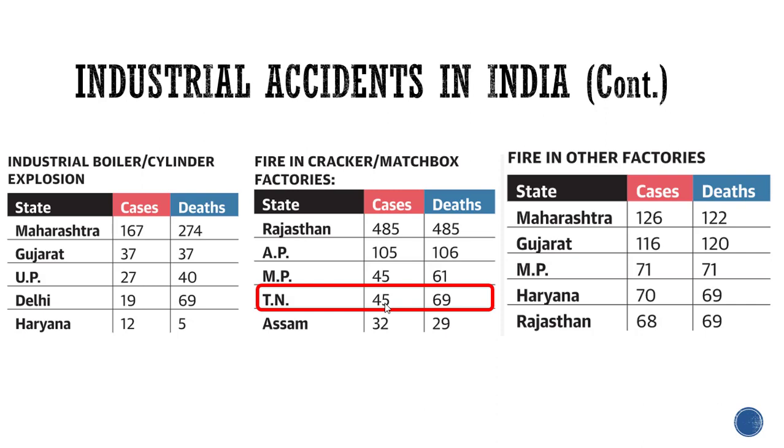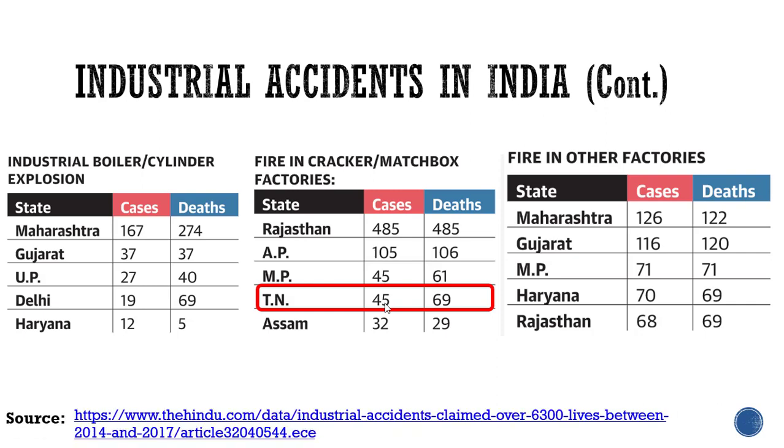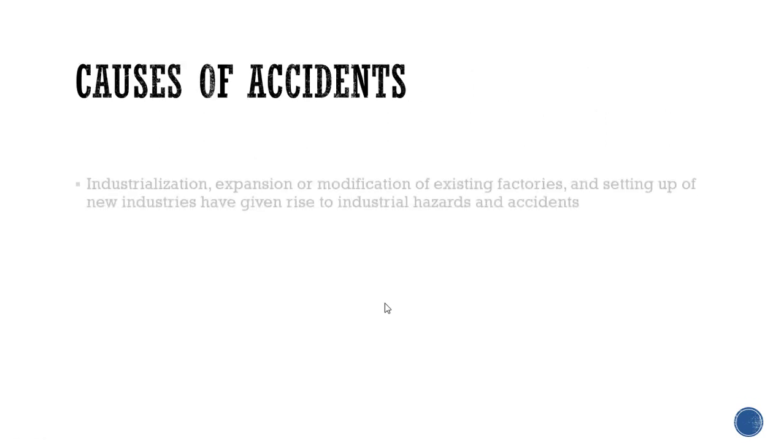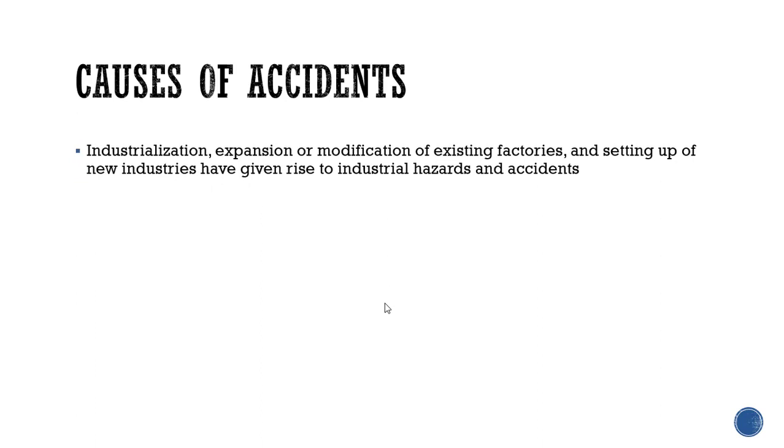Okay, so this data I have also collected from The Hindu article, and we are now going to analyze what the causes of accidents are. Earlier we have seen how accidents happen in India and how many cases are reported in each state based on different categories.